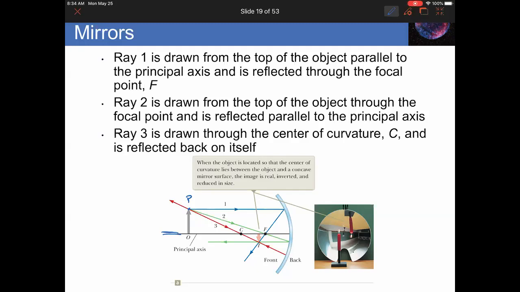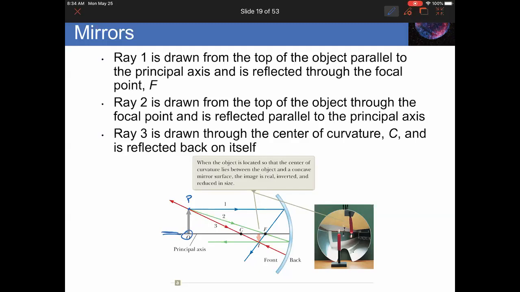So the principal axis is used for mirrors and lenses. And ray 1 goes parallel. The position of the object here is such that it is in front of the mirror and is further than the center of the curvature of the mirror and the focal point.